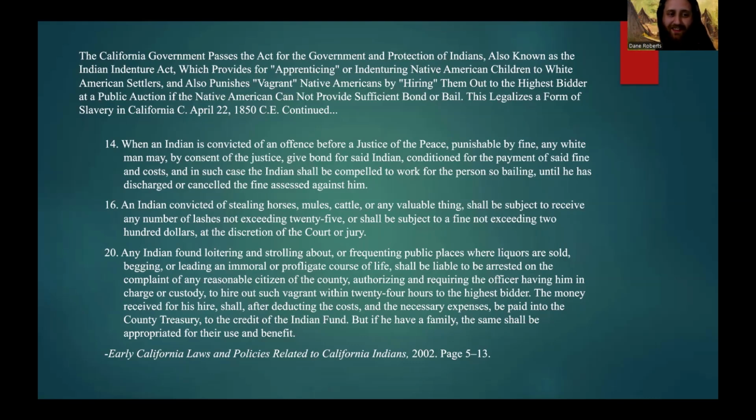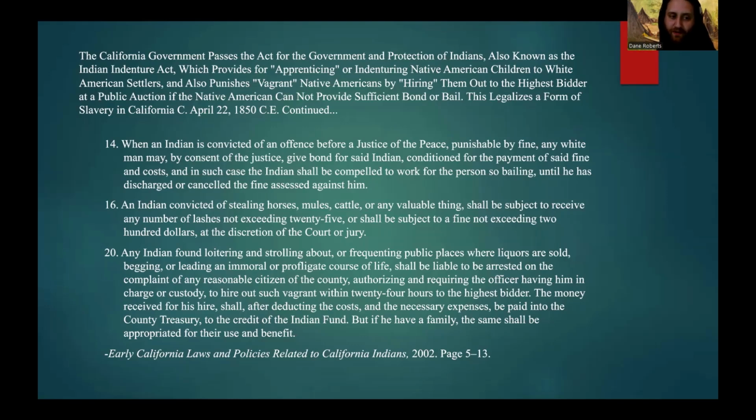Provision 16 states that an Indian convicted of stealing horses, mules, cattle, or any valuable thing shall be subject to receive any number of lashes not exceeding 25, or shall be subject to a fine not exceeding $200 at the discretion of the court or jury.